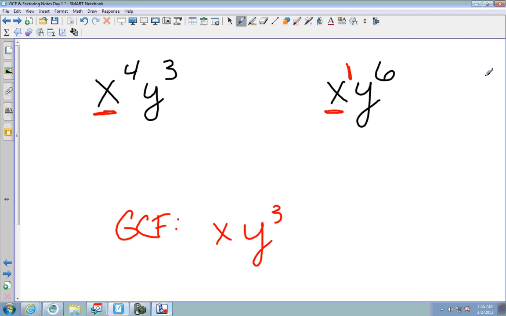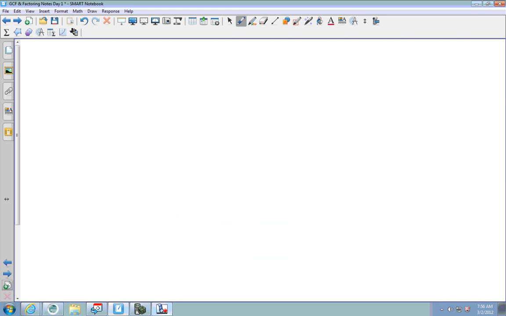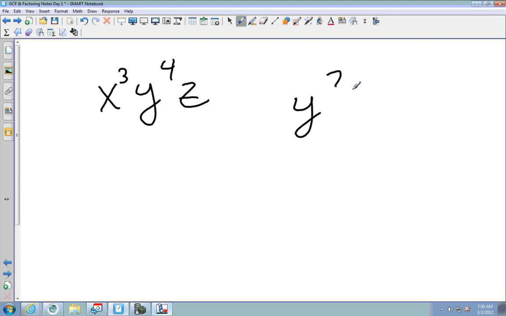Okay, so let's try another one. I've got x to the 3rd y to the 4th z. That's a z. Don't make fun of me. All right, here we go. Let's find the greatest common factor. This one has an x.